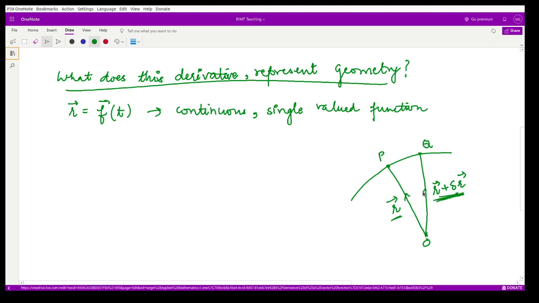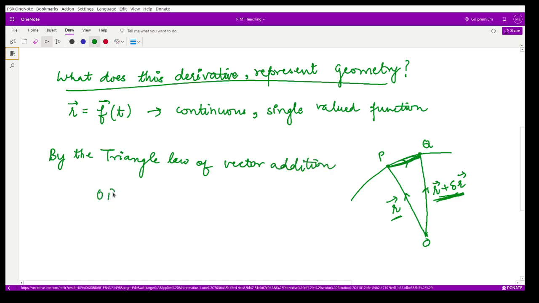So according to the triangle law, which you have studied in the previous classes, if you join these two through a straight line, because this is an arc, and its direction is this, then by the triangle law of vector addition, the vector OP plus the vector PQ is equal to the vector OQ.